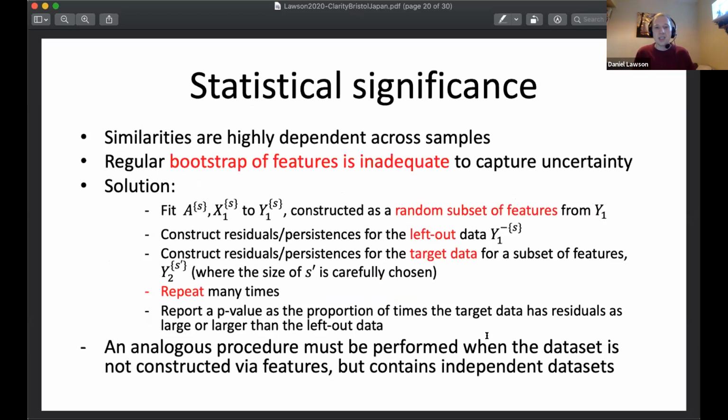As an aside, statistical significance is a right pain in the bum for these sorts of questions, because you can't bootstrap similarities. So similarities are all correlated because the value ij is correlated with the value ij dashed because it's computed from the same set of features.